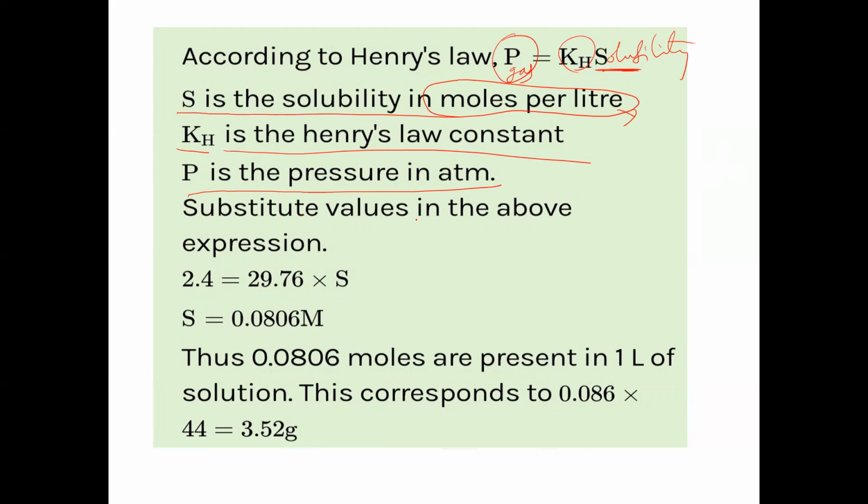Substitute the values in the above expression. Pressure of gas is given as 2.4 atm, and KH of the gas is given as 29.76 atm, and solubility we can calculate in moles per liter.